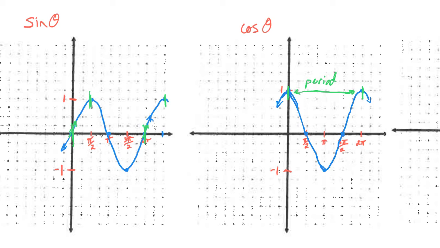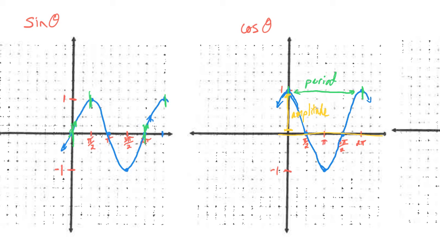There's another thing, it's what we call the amplitude. Amplitude is the difference between the middle of the function and the highest or the lowest, the peaks or the valleys. So the middle of the function is right there.